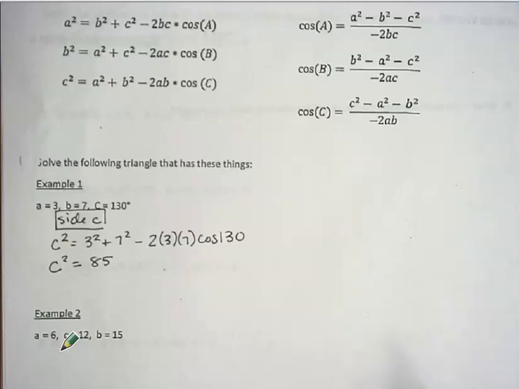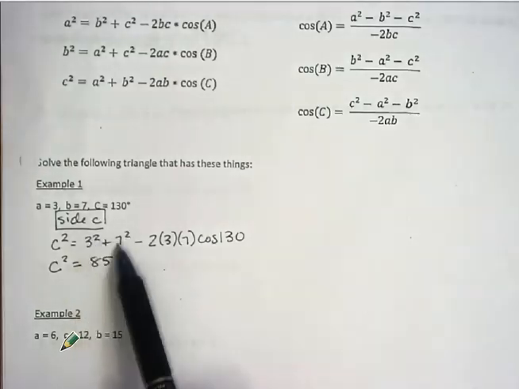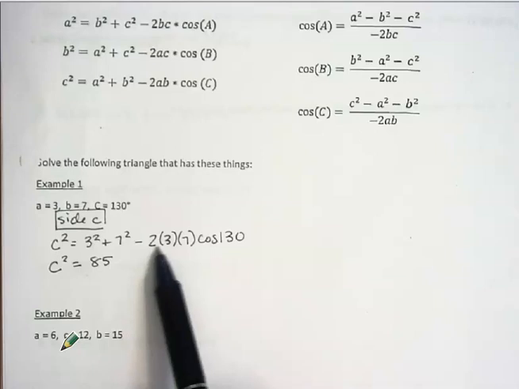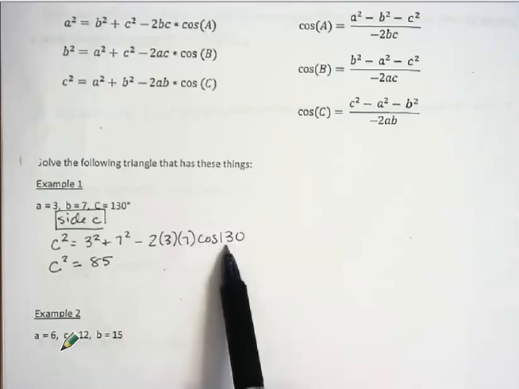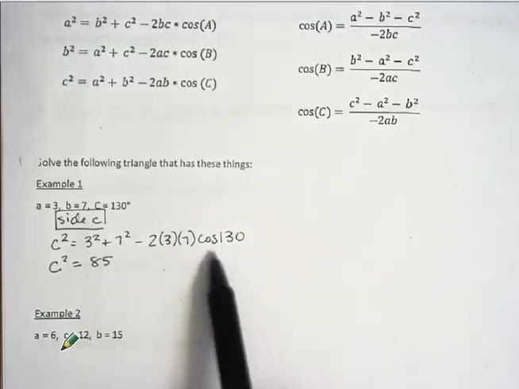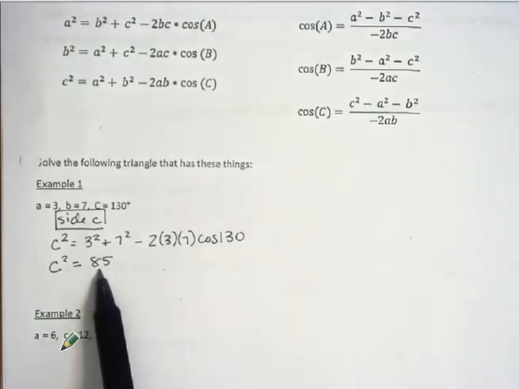And if you're trying to do it one step at a time because you don't have an advanced calculator, remember to follow your order of operations. Do your exponents first, then these multiplications. You would have to calculate cosine of 130, and then do add and subtract last. And you should get 85.